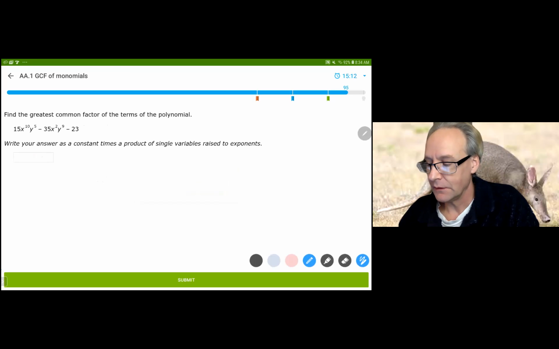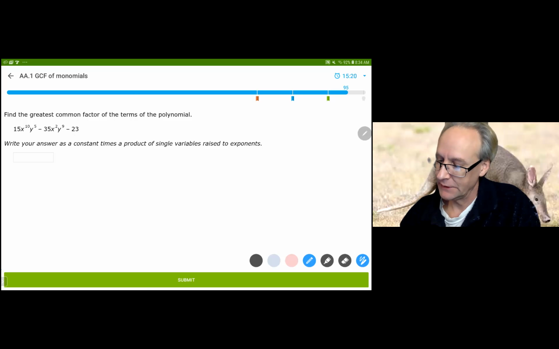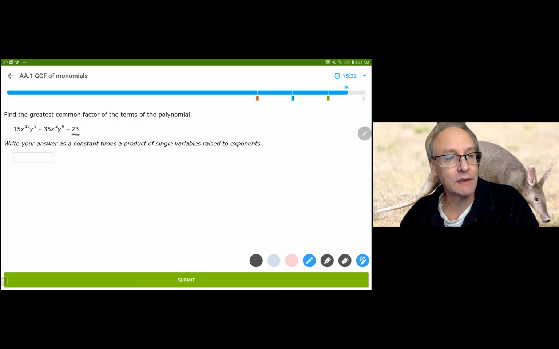Okay, so I'll give you a second to look at those numbers. 23 is a very special number. Yep, 23 is a prime. The only number that'll have a common factor with 23 is 23.